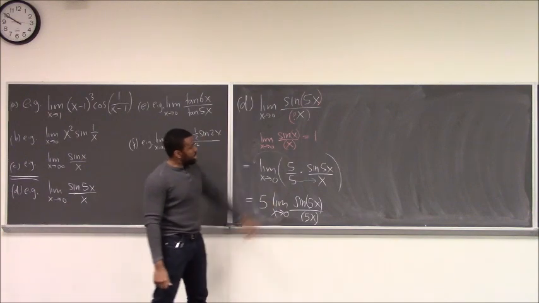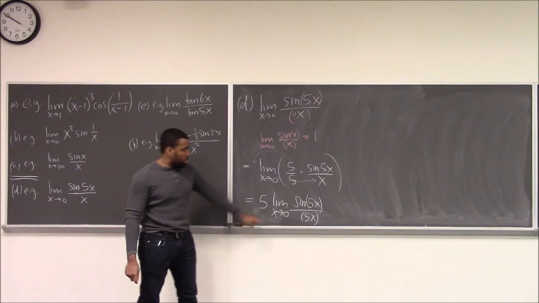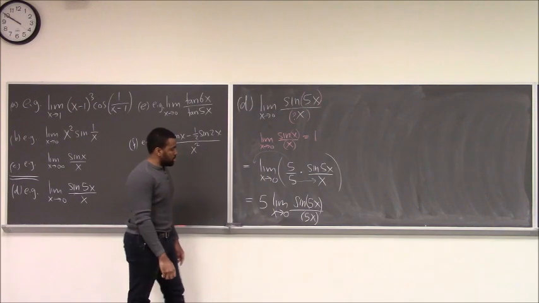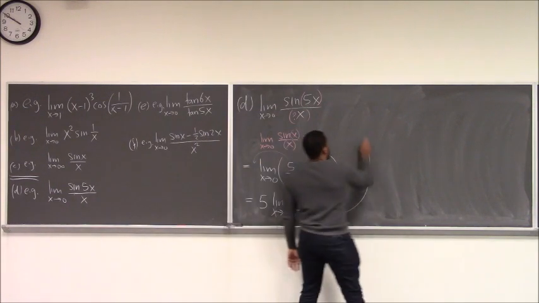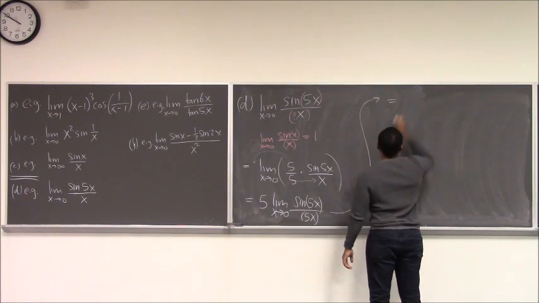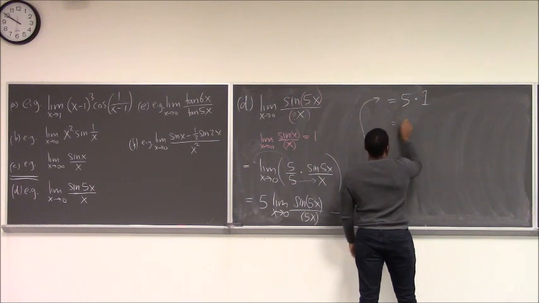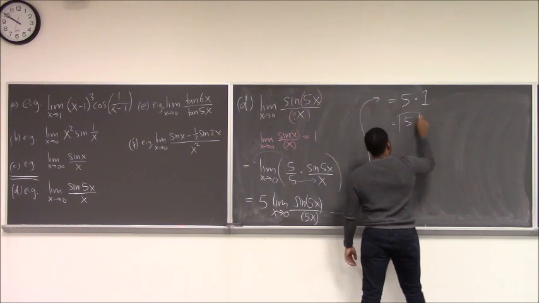And this behaves like that because the angle inside the sine is the same as the denominator and both are going to 0. And so that is equal to 5 times 1. So the answer is actually 5.